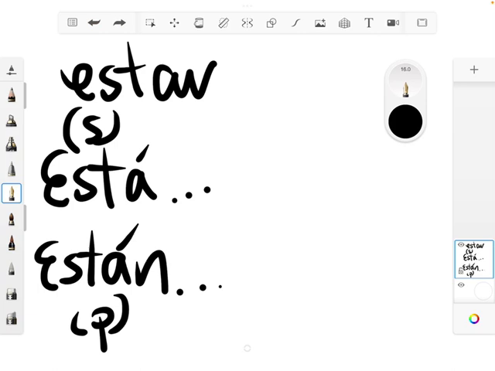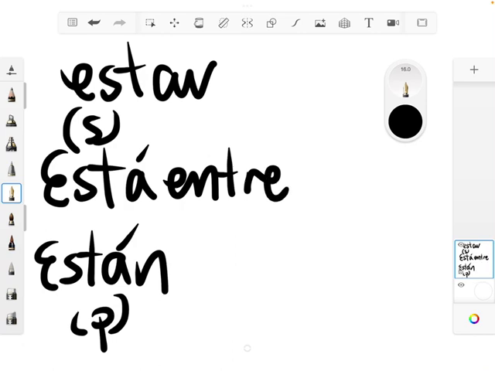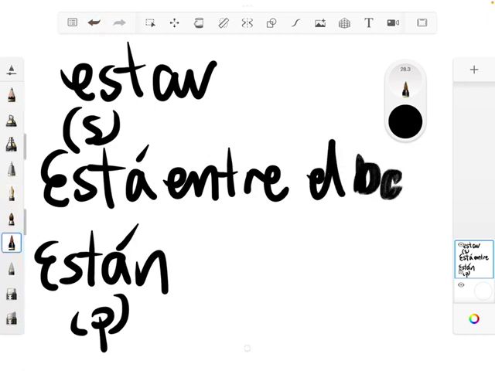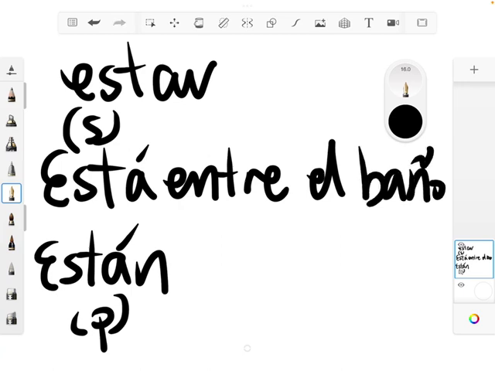Entre is between. So for entre, you would need está entre. So between, you have to have two different things to be between something. So entre la cocina, entre el baño y la sala.